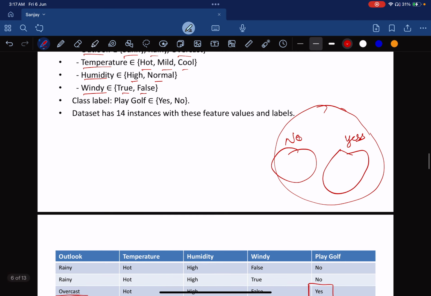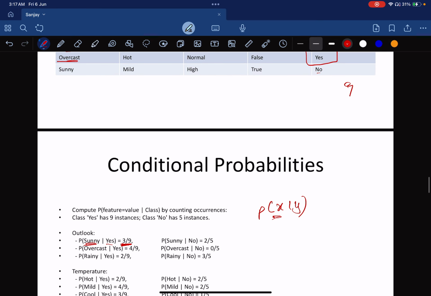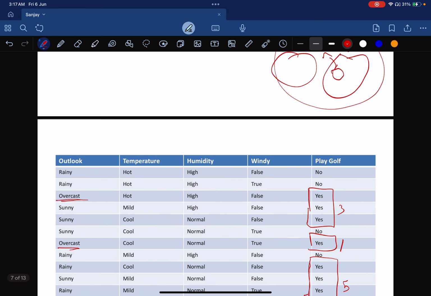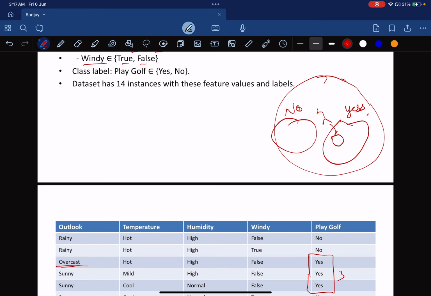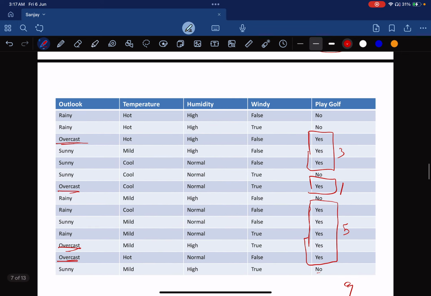We are finding the number of sunny. In this case the number of yes is 9 and the number of no is 5. In that, the number of sunny is 4, right? Number of sunny is 4.